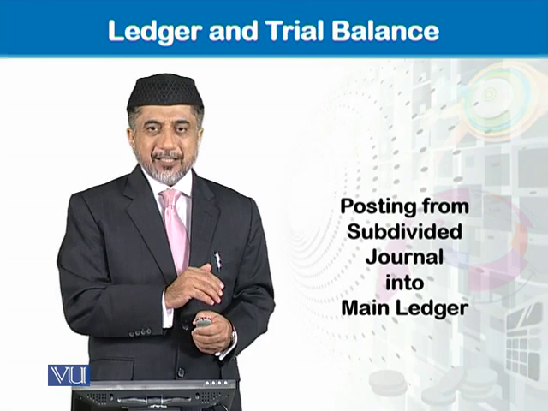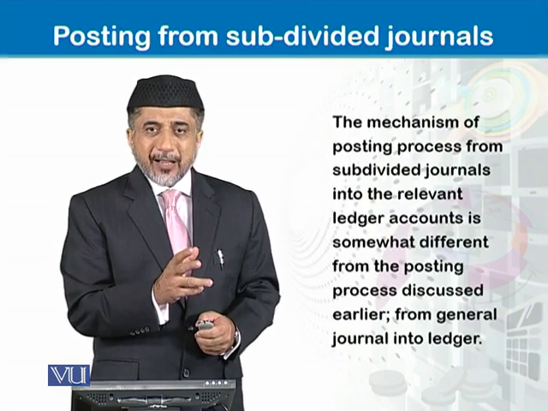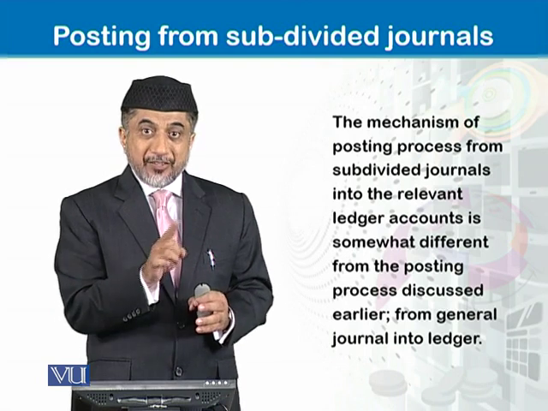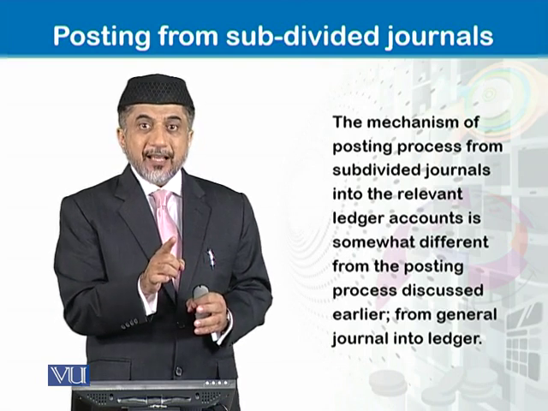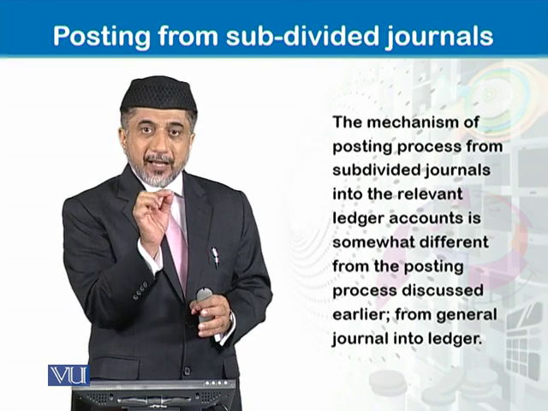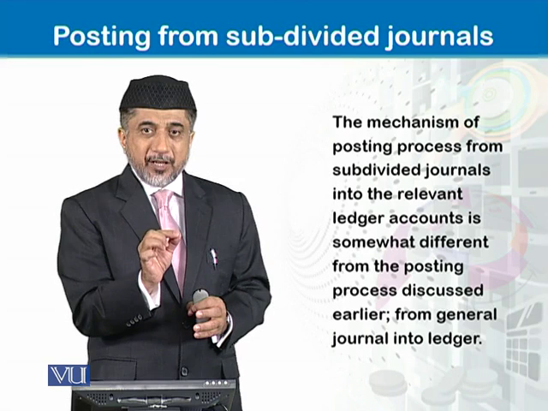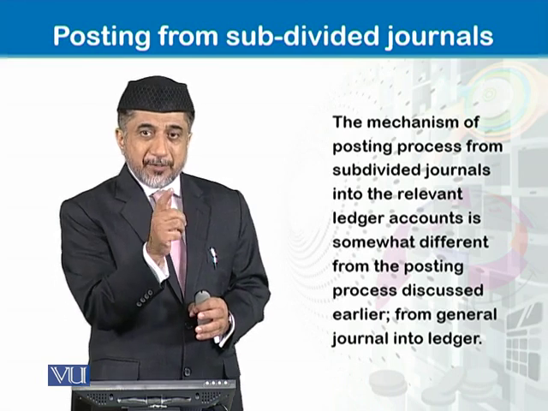We know very well that the mechanism of posting from the general journal is that we pick up a ledger account from the journal entry and then observe whether it is being debited.